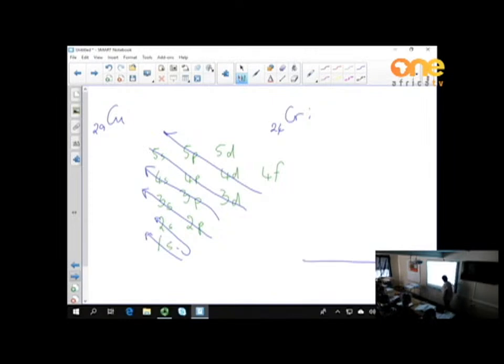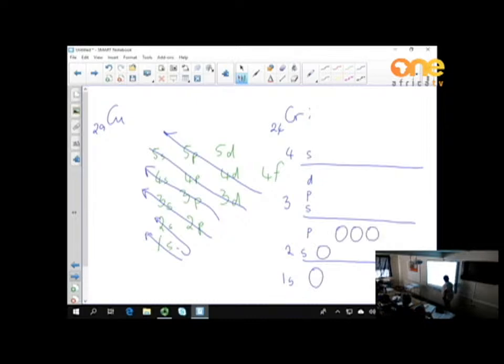I'll draw in my cells: 1s, 2s, 2p, 3s, 3p, 3d, 4s. We have that, 1, 2, 3. We have that, 1, 2, 3, 1, 2, 3, 4, 5. We have one there. I'm not going to draw the others.